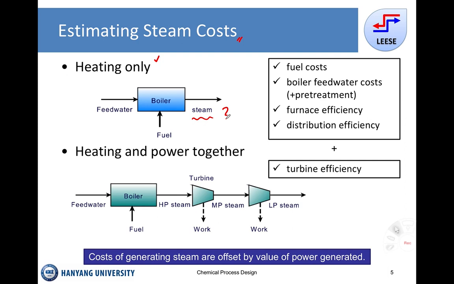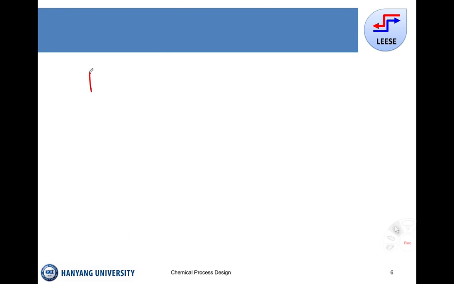Here is the boiler, then water is the feed water, then the fuel. Say the fuel used is 1 megawatt. Then the steam is produced based on the amount of fuel supplied.